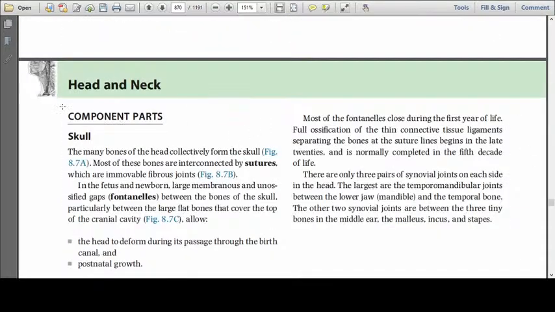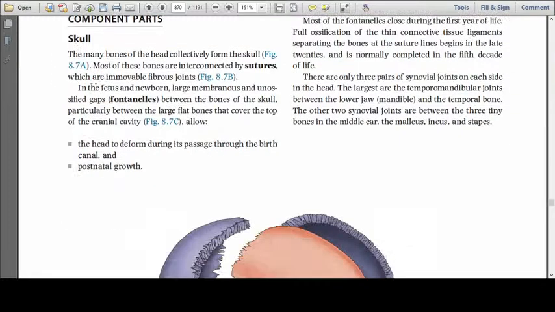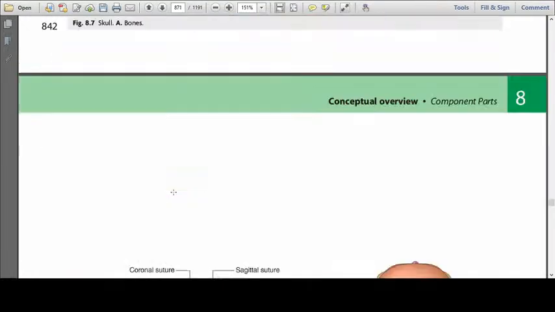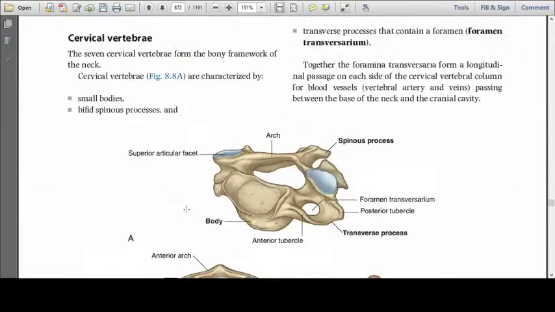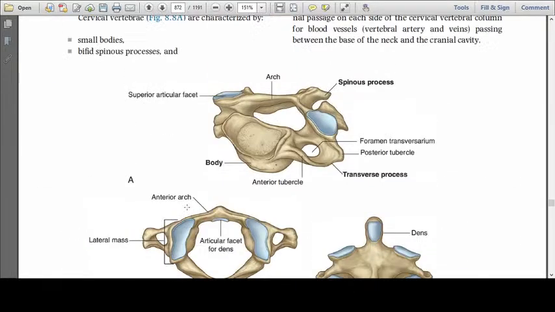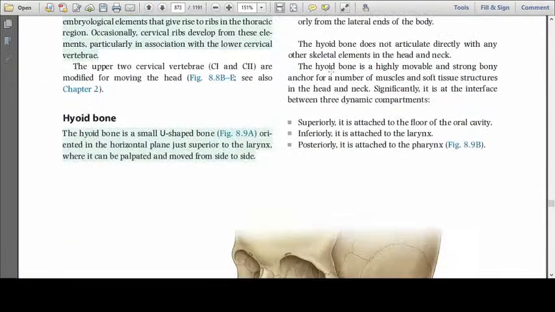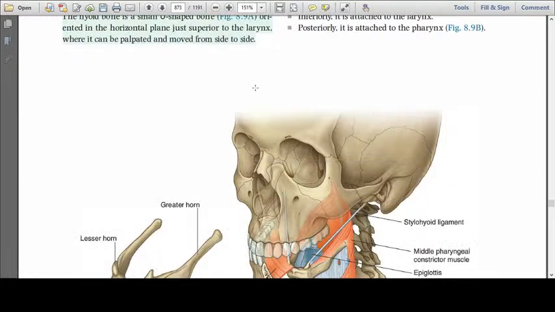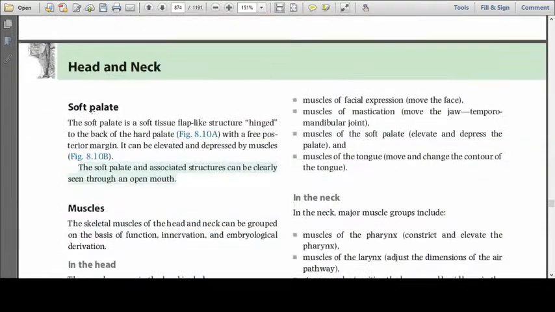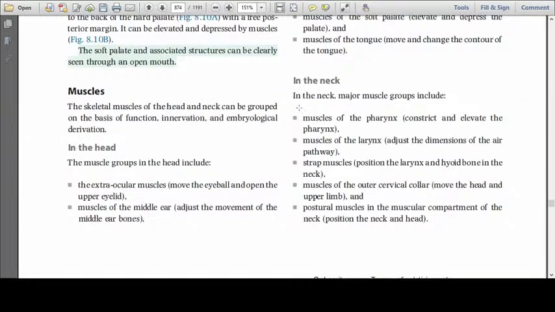Head and neck skull is important. There's something about the small given here. We're going to study all of it, and this is about the vertebra, I guess, mainly the atlas. It is the cervical vertebra, seven. There's the hyoid bone and soft palate given. Muscles are given, the skeletal muscles of the face.